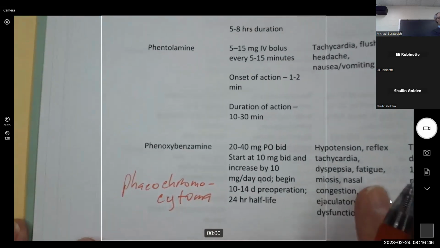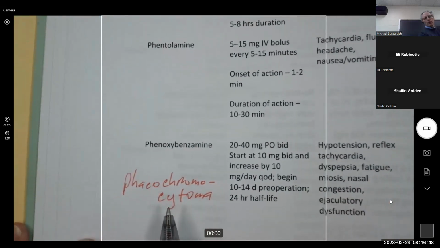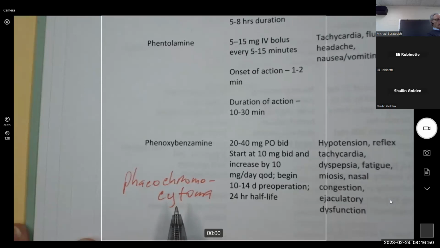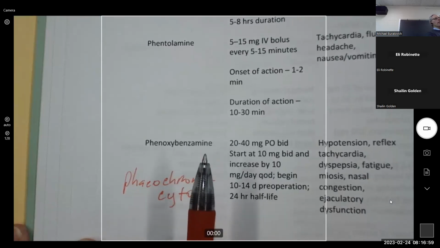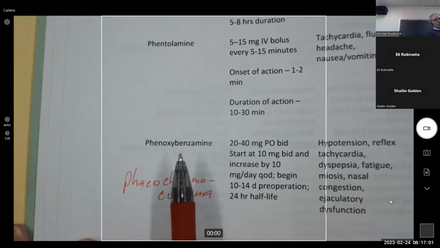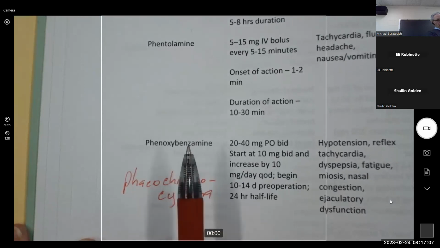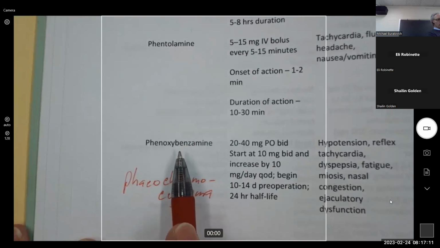So these block hypertension caused by catecholamines. Phenoxybenzamine is used before surgery. That's used to extirpate the tumors of the adrenal medulla. This inactivates the receptors that are bound by the catecholamines.